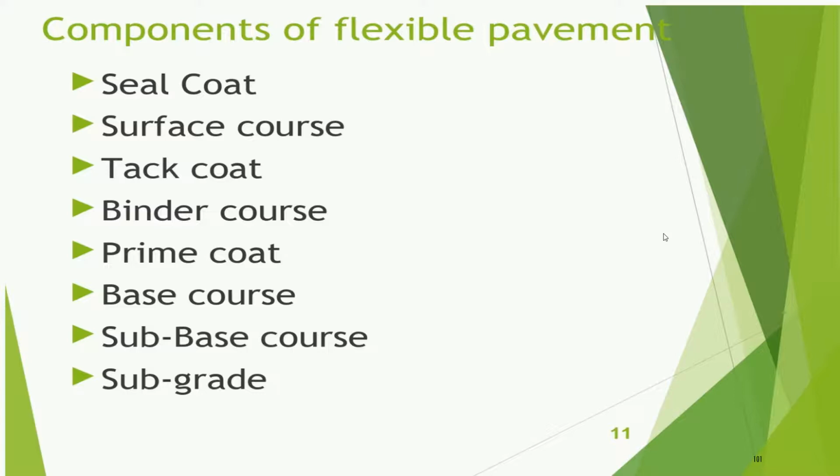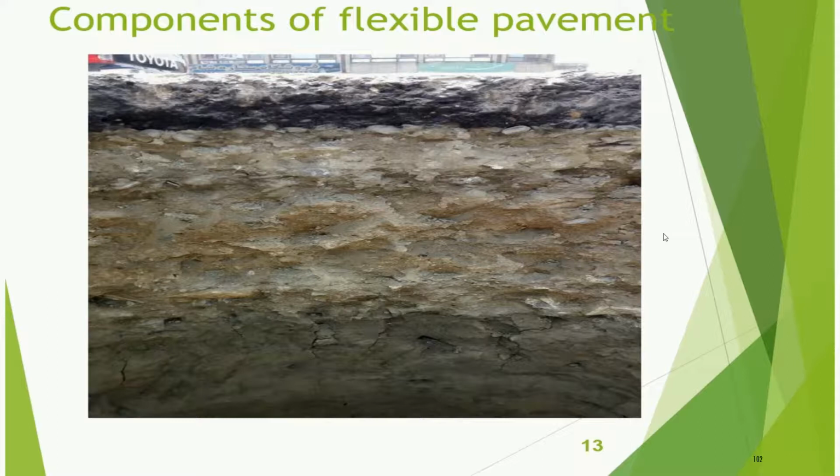Once we provide the various layers, we can get a large thickness, and still we know that there is maximum failure in the flexible pavement due to the undesirable properties of the material we are using for its construction. So students, here you can see the innermost portion and cross section of the flexible pavement, where we can see how the material can be deflected due to the heavy load, and this is the flexure failure in the flexible pavement due to the heavy load applied by the various heavy vehicles using this pavement.